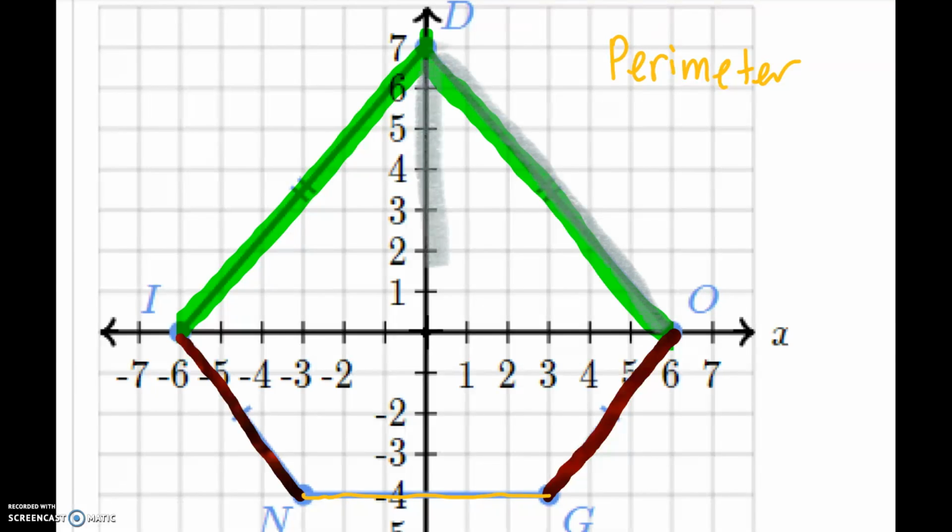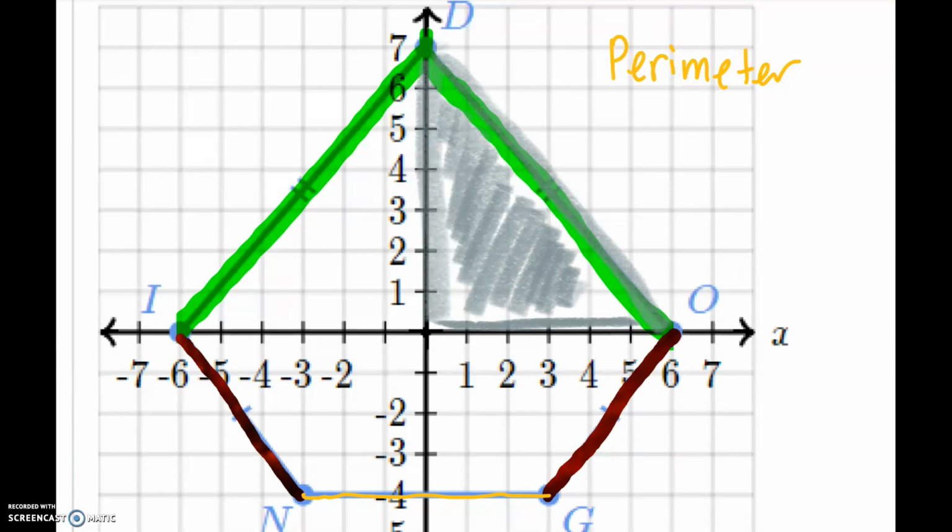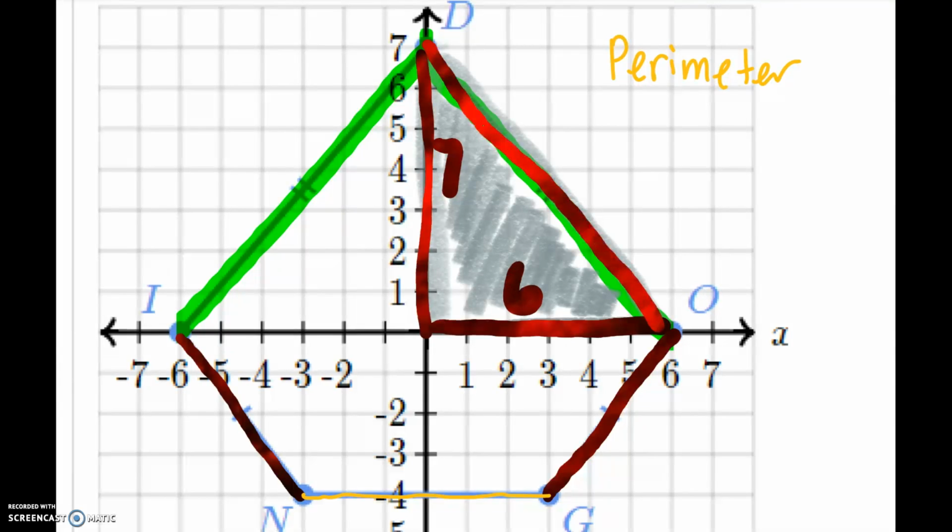So I just want to create this beautiful triangle here, and I want you to observe that I shaded this triangle, which is a right triangle, and one leg is actually 7, another leg is actually 6, and then you are looking for this DO, which is your hypotenuse.